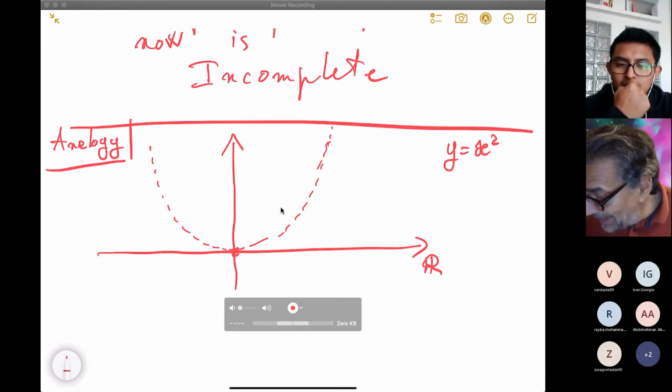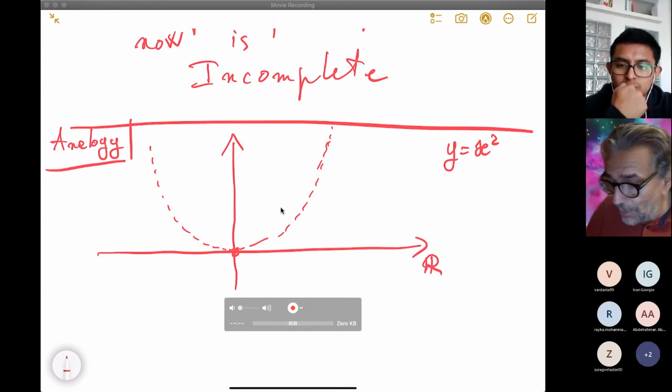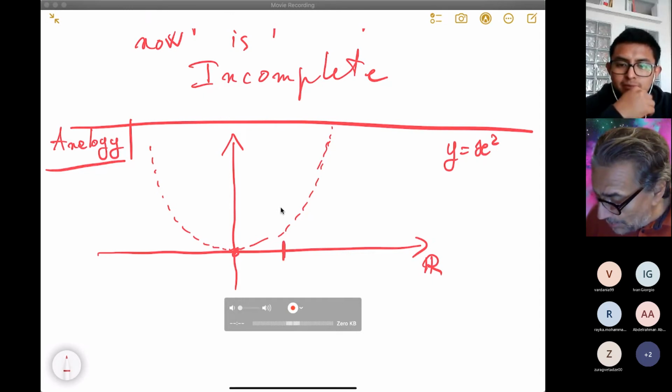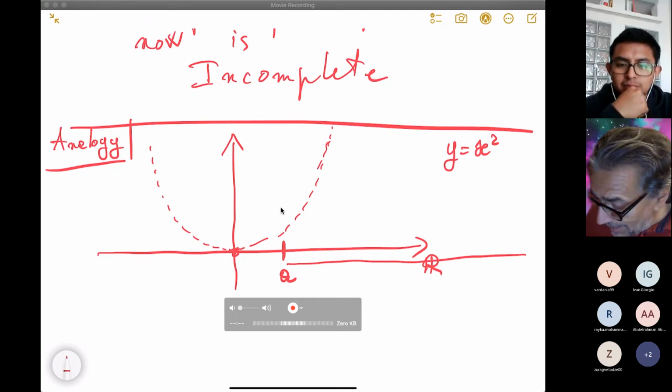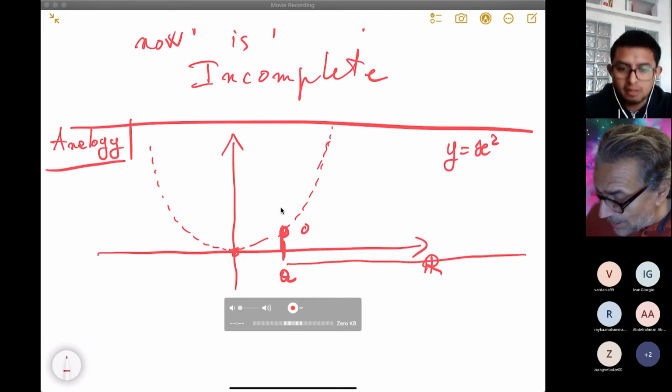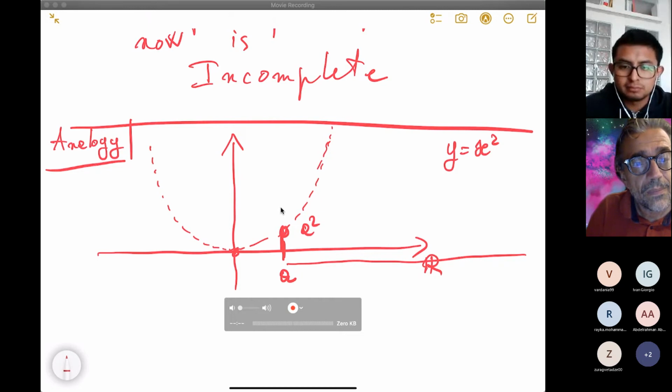If instead you look for the minimum in the interval from a to plus infinity, then the minimum is a squared.